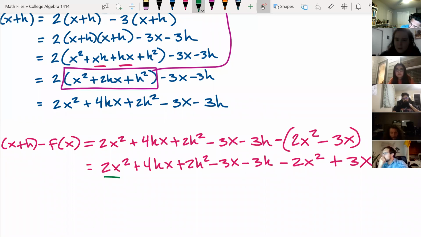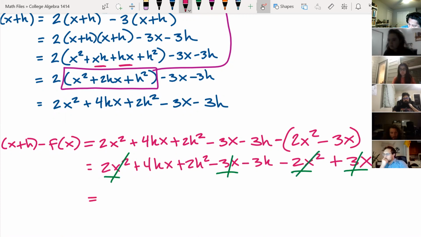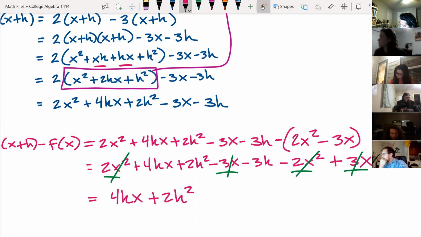The 2x squared. 2x squared is gone, and what else? The 3x. So we cancel those and rewrite what we have. 4hx plus 2h squared minus 3h. So that's what's left over from step B.